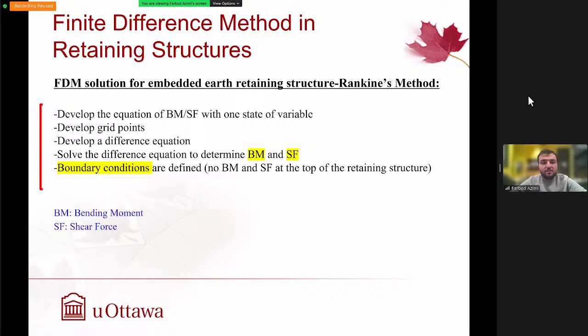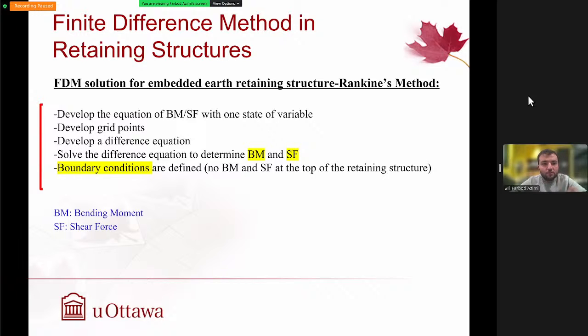You can see some procedures of this method based on the Rankine method. You can develop the BM to SF ratio. BM is the bending moment, and SF is the shear force.